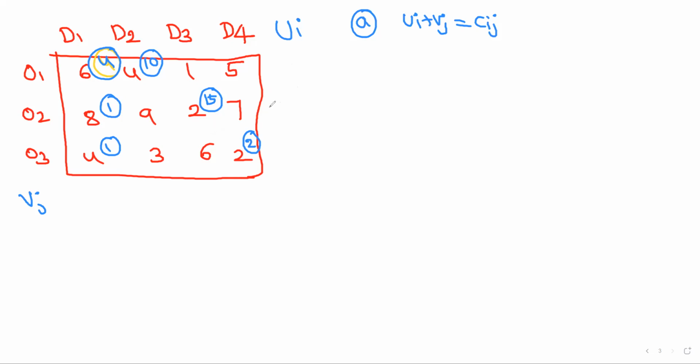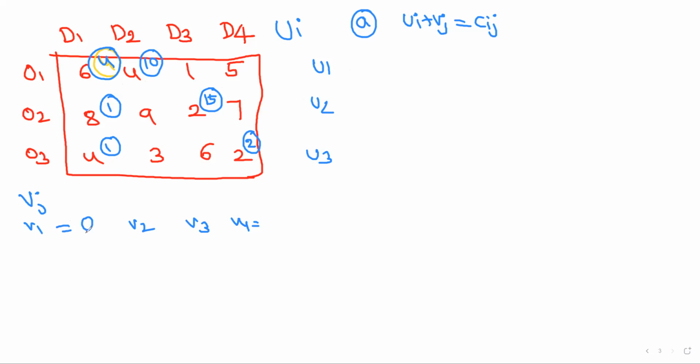Here we have u1, u2, u3 and v1, v2, v3, v4. Wherever you have more allocations, that value you make 0. Row-wise there are 2 allocations in each, but column-wise there are 3. So v1 is equal to 0.